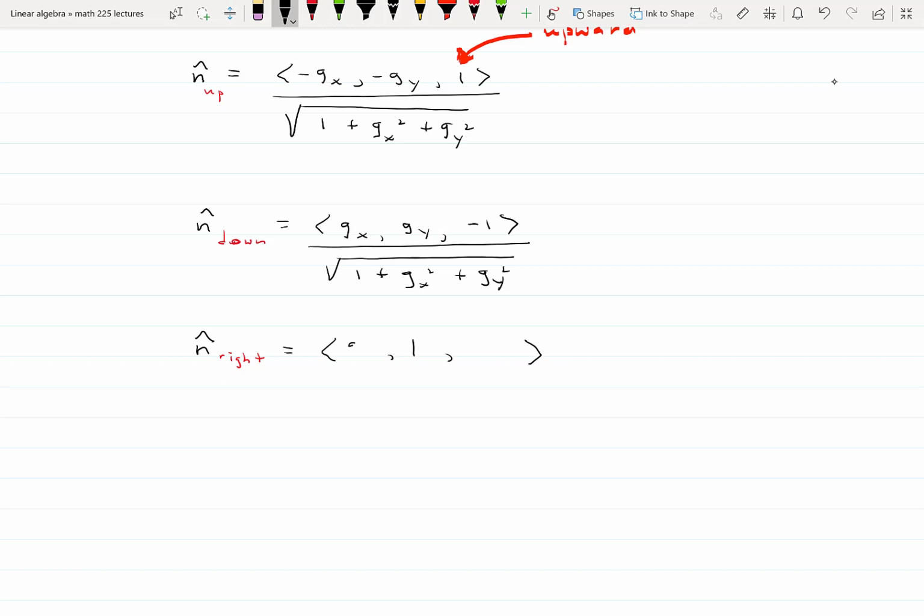So we're looking at g sub x and g sub z, both negative, over the length of the vector, the square root of 1 plus gx squared plus gz squared. There's an even better notation you could write.